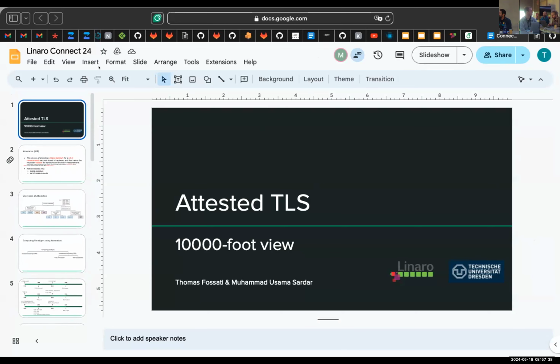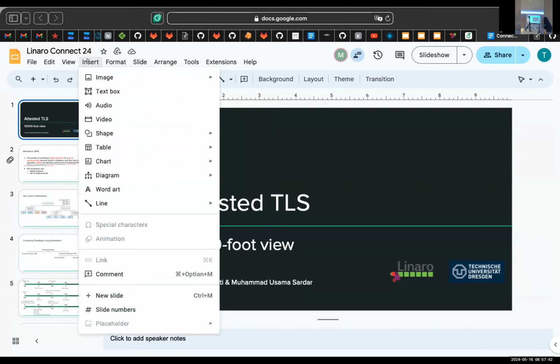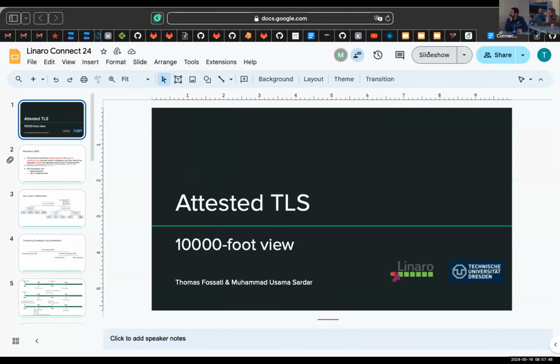How do you do that? Slide, image. Can I just clarify for the purposes of note taking? So all of the slides are going to be shared afterwards anyway. So I don't need to note take the content of the slides. Absolutely, there will be no value to that. Right. Okay.